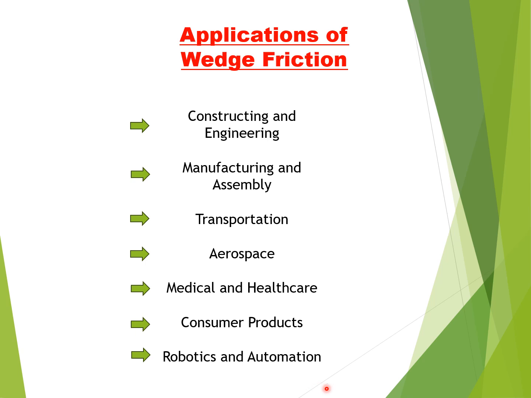Wedge-shaped components in gripper mechanisms amplify clamping force and create high friction, ensuring secure and precise handling of objects of varying sizes and shapes. It is also used in linear actuators, robotic joints and hinges, assembly and fastening robots, climbing robots, robotic stabilization, and many more.